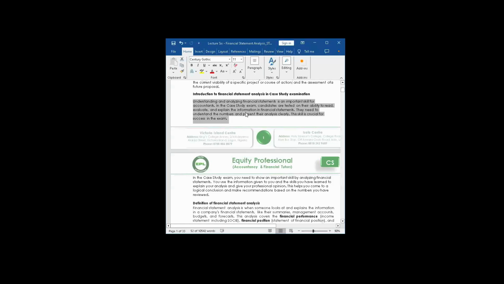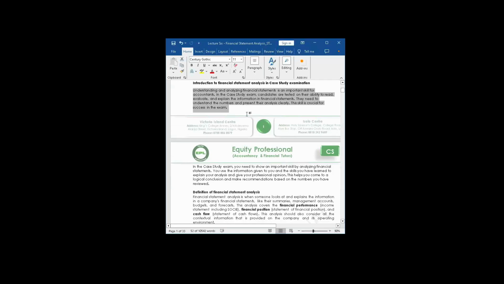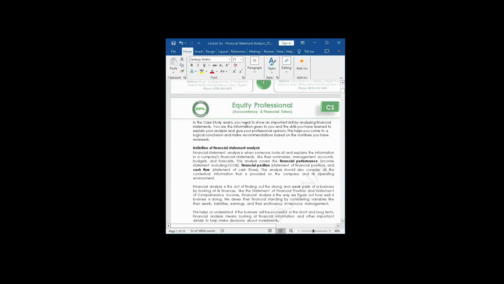And that is what we are doing in terms of financial statement analysis in the case study exam. You are going to be taught how to pick any financial information, break it down, look at it and interpret what the figures mean to the users in the exam.